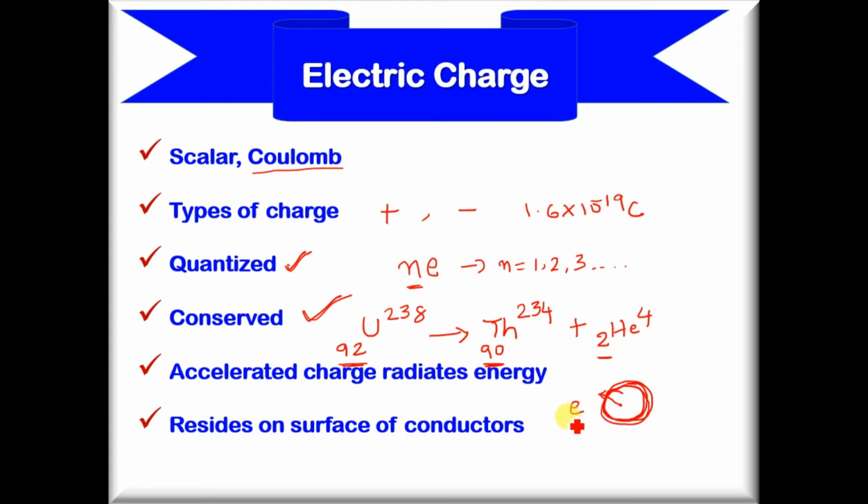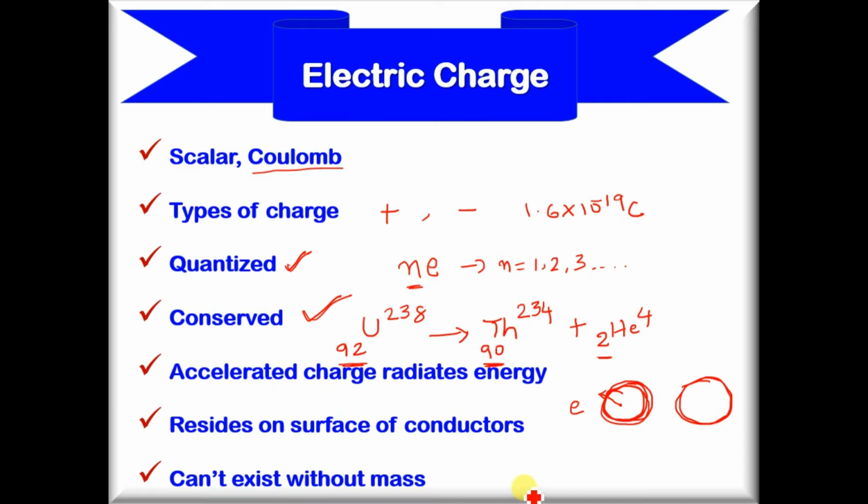That means in case of conductors, charge always resides on the surface. Whereas if you take an insulator, suppose this sphere is made of some insulating material and I put a charge somewhere here, your charge will be localized only at that particular point. It will not go anywhere. Whereas in case of conductors, wherever you put your charge, it will move towards the surface and reside on the surface of the conductor.